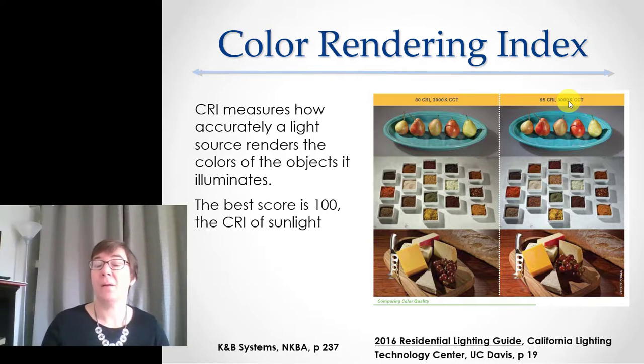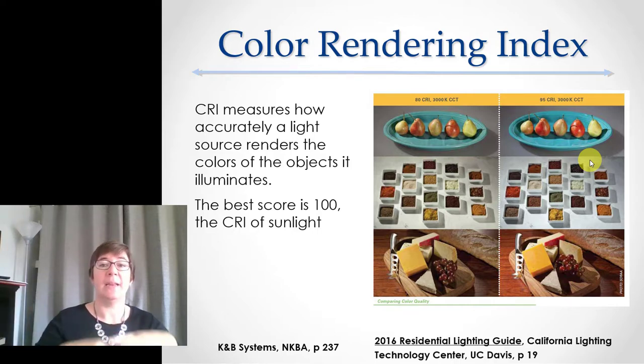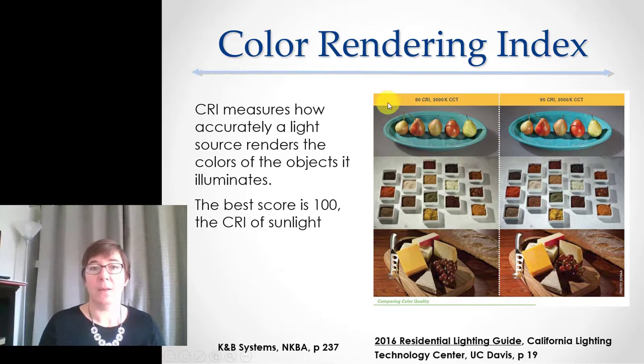So now compare the two pictures. All right, and you might want to pause the video here and pull up the residential lighting guide so that you can kind of zoom in and look closer at these pictures. But take a look at these pairs. On the left, on the right, we can see the pairs, we can see the color, but look how much more vibrant the reds are in the picture on the right with the higher rendering index.